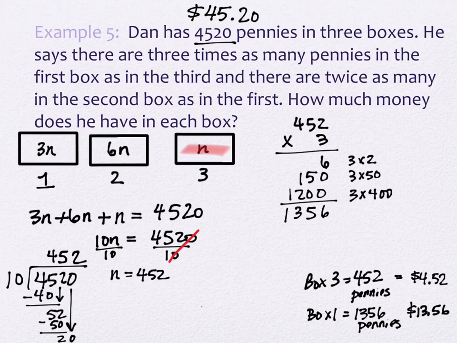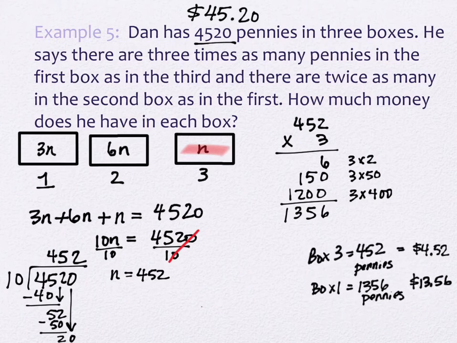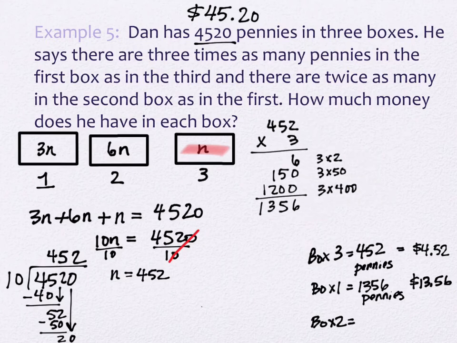What would I do to get the last box, box 2? Yeah, I could take the last one times 2, right? Box 2. So I can take my 1356 and multiply by 2. I'll just use the standard algorithm for this one. So 2 times 6 would be 12.